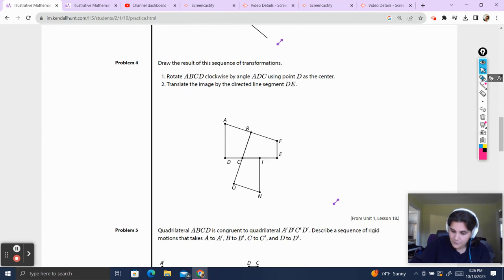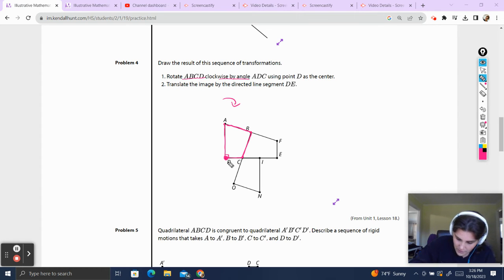Problem 4. Draw the results of this sequence of transformations. We got a very busy shape down here, but we're going to figure it out. Rotate ABCD using point D as the center. We're going to rotate the shape clockwise, this way, using point D as the center of rotation, and the angle we're rotating by is ADC.